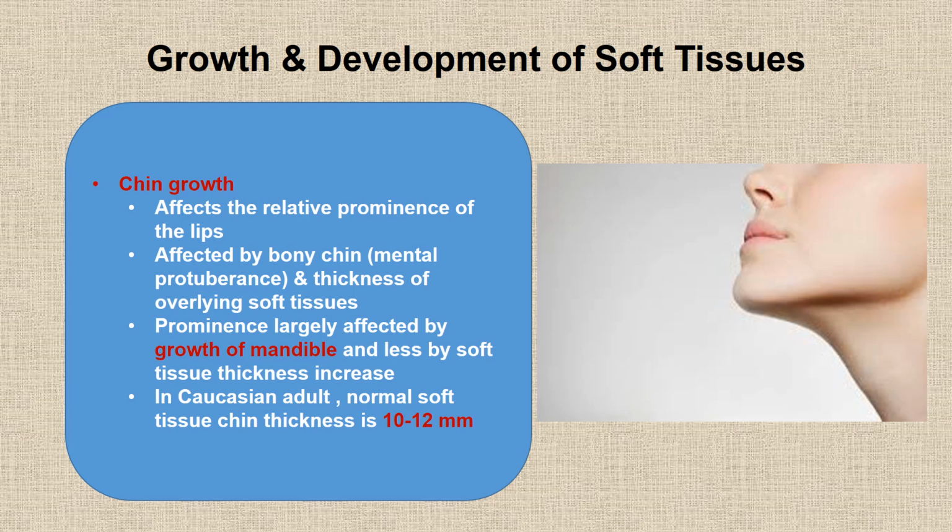The chin also affects the relative prominence of the lips, and the chin is affected by the bony chin, or mental protuberance, as well as the thickness of the overlying soft tissues. The prominence is largely affected by the growth of the mandible and less by the soft tissue thickness increase. In a Caucasian adult, normal soft tissue chin thickness is about 10 to 12 millimeters.